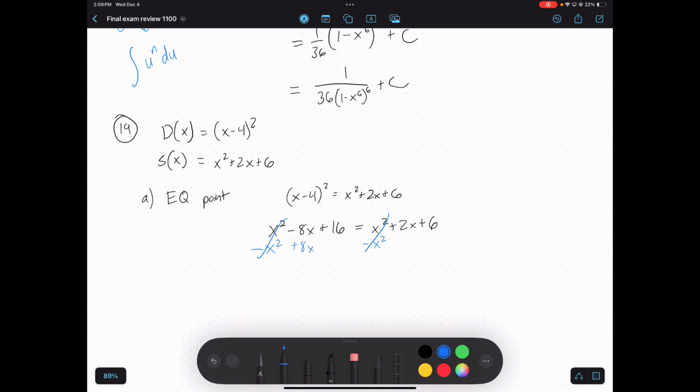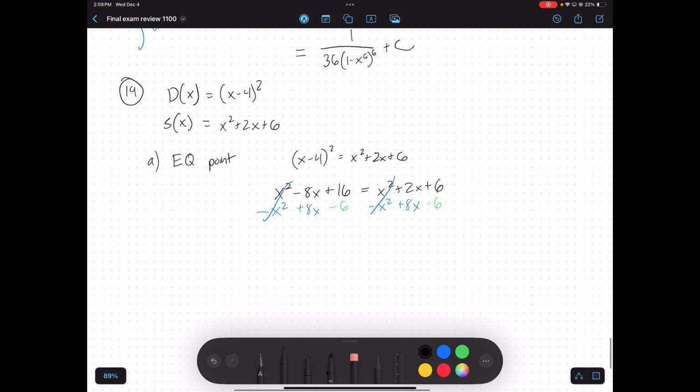So I'm going to add 8x and add 8x. And then I'll subtract 6 and subtract 6. Okay, that leaves me with 0 over here for my x terms, but I'll have 10. And then over here, that leaves me 0 there, and 2x plus 8x equals 10x. What does x equal to? 1. Woohoo!